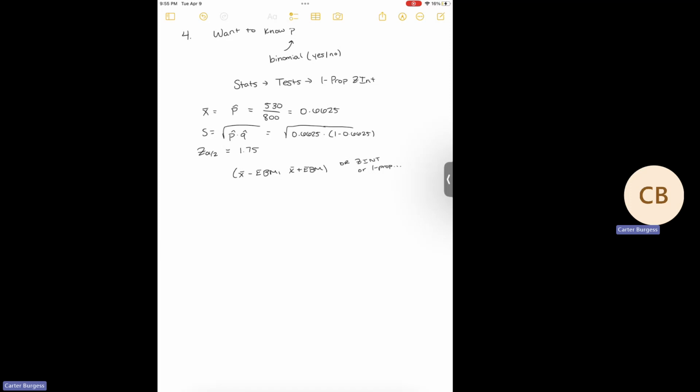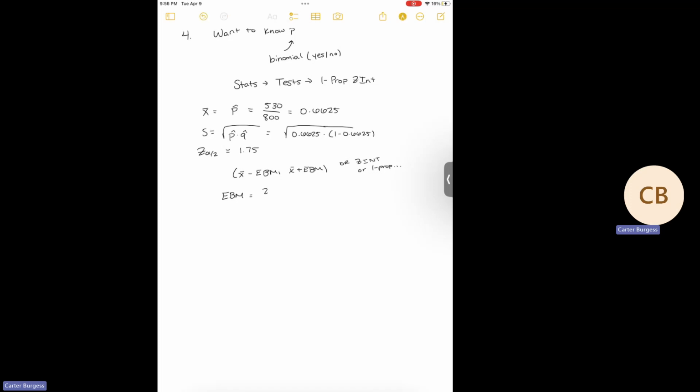But again, these calculations by hand are not particularly difficult. It's the same formula over and over again, where our EBM, technically here it might be better, you'll see on your formula sheet it says EBP because we do want to know a proportion, but the expected value for a proportion is also a type of average.